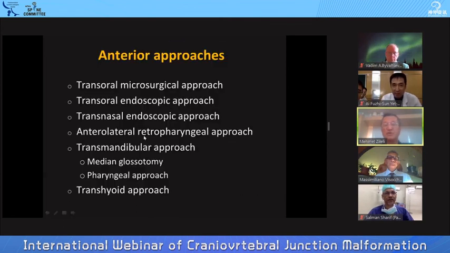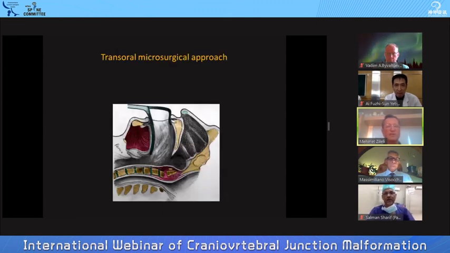After surgery, she had radiotherapy. Currently, we also have some endoscopic surgeries for anterior approaches, but I will tell you some nuances, advantages and disadvantages of them.